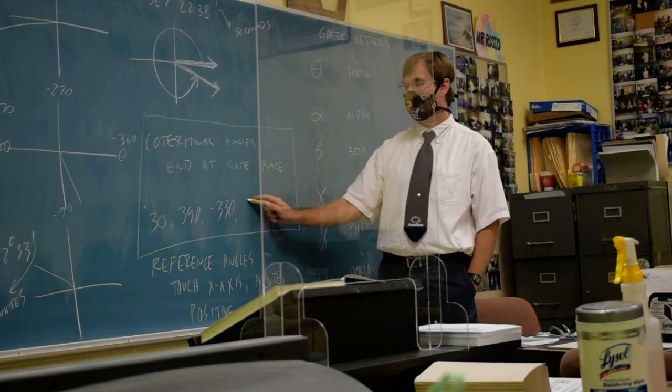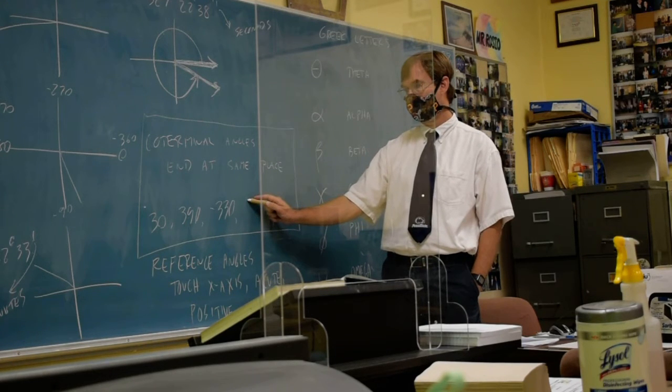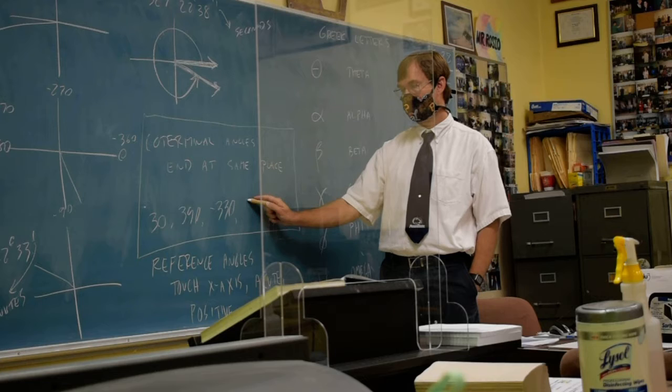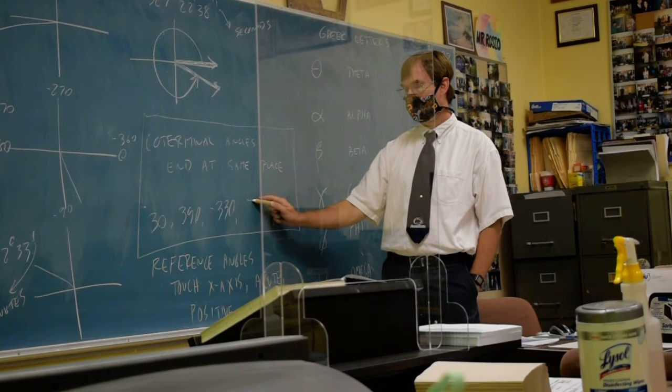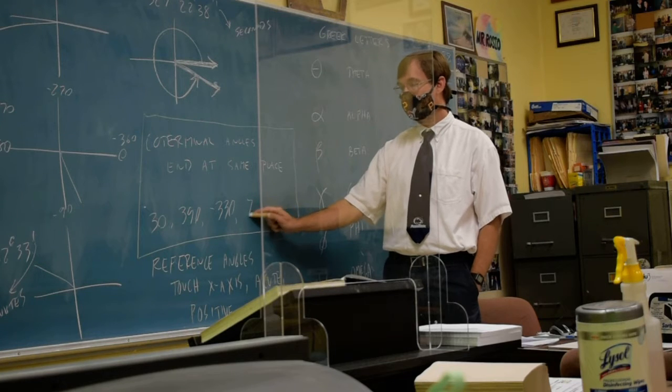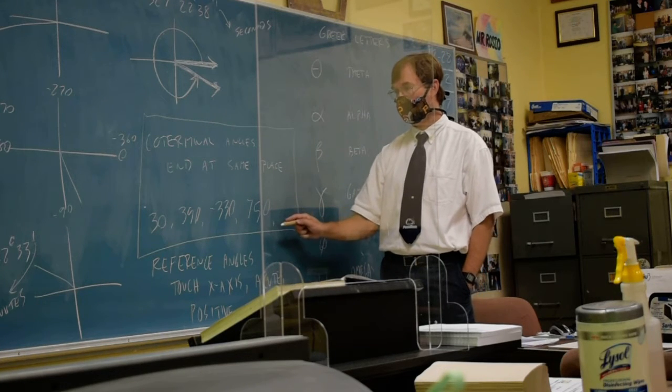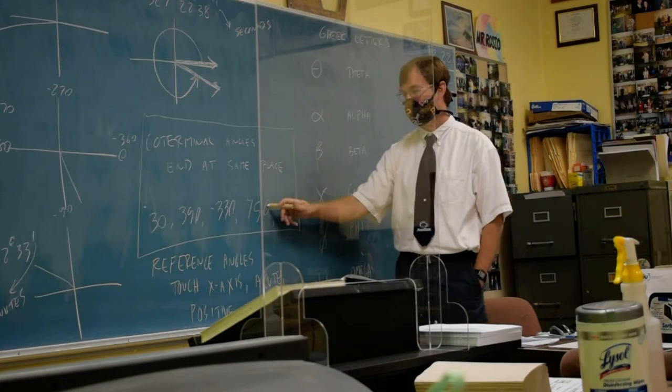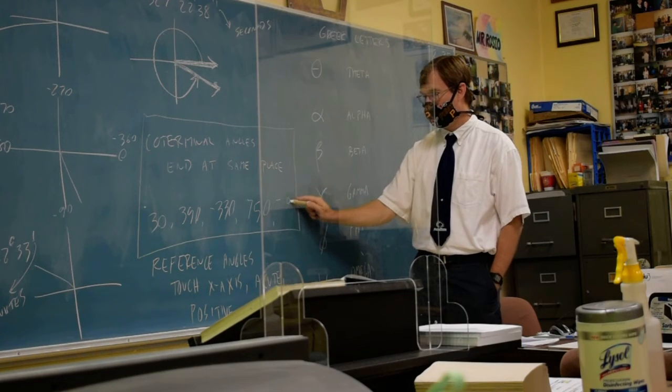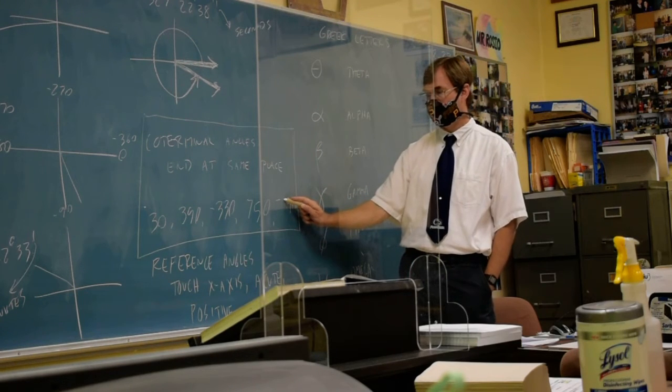Let's get one more from someone else. 750. 750, if we go positive, would be 360 more than that one. If we went negative, there is one that ends in 90, but not 790.